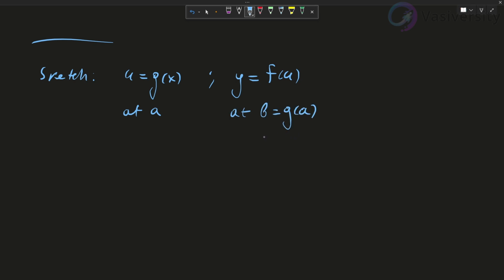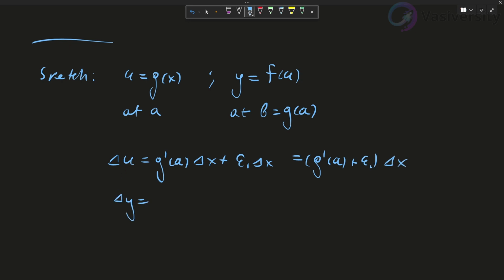So the way we would treat delta u would be g prime at a times delta x plus some epsilon of delta x, some small quantity, which is the same thing as g prime at a plus epsilon 1 times delta x. And then delta y would be f prime at b times delta u plus epsilon 2 delta u.